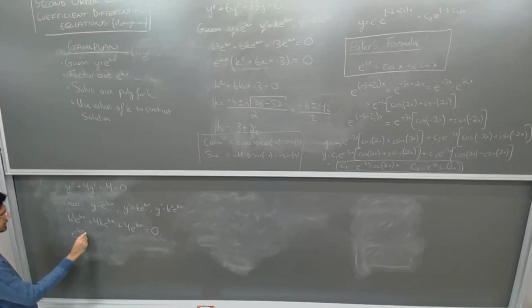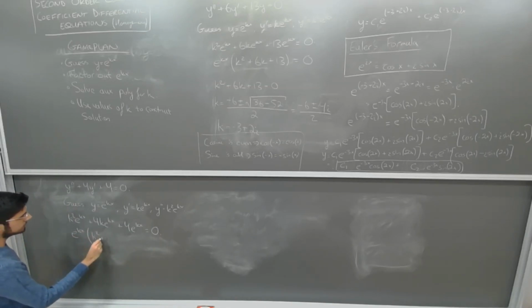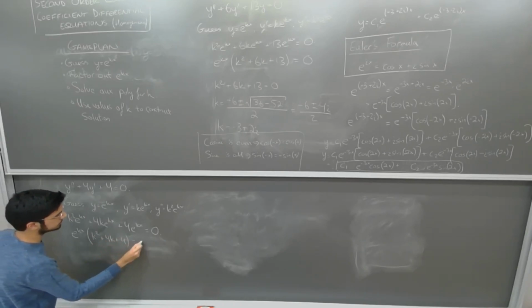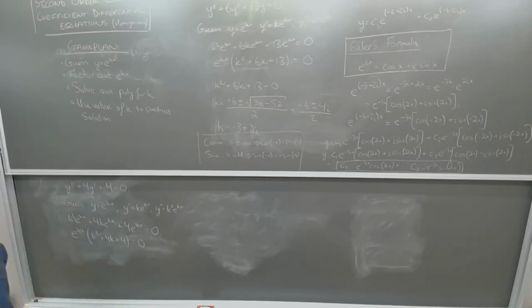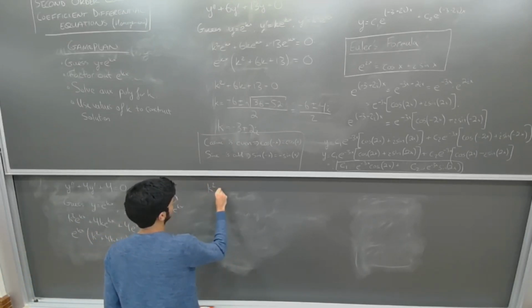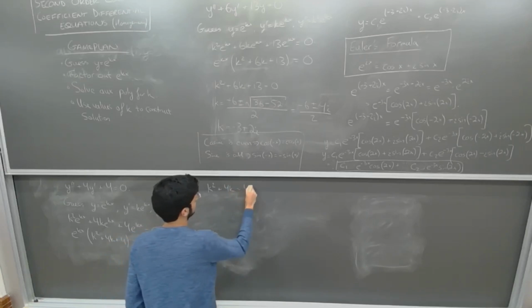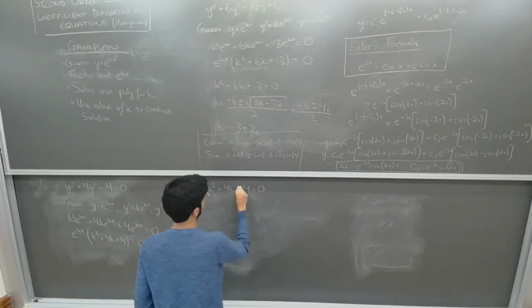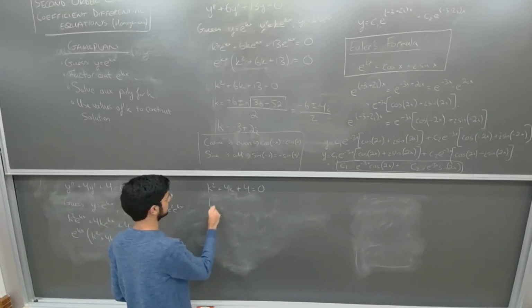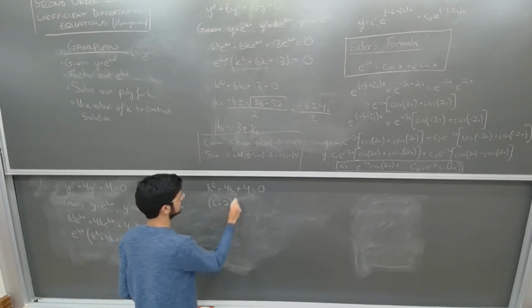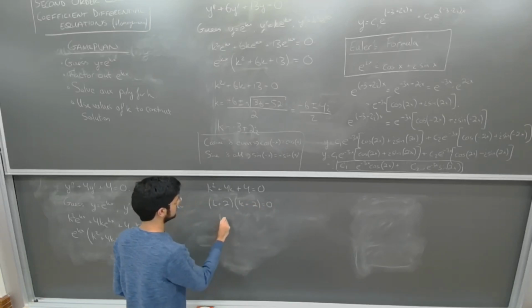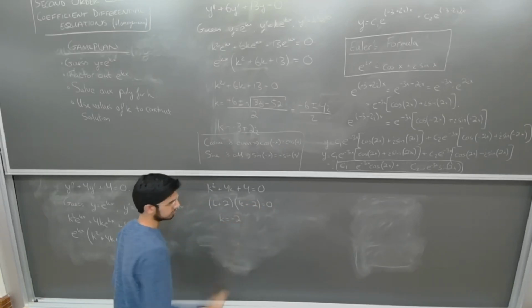Factor out our e to the kx. We know that our auxiliary polynomial must be equal to 0. So we have this is equal to 0. This is nicely factorable into k plus 2 times k plus 2. So that means k equals negative 2.